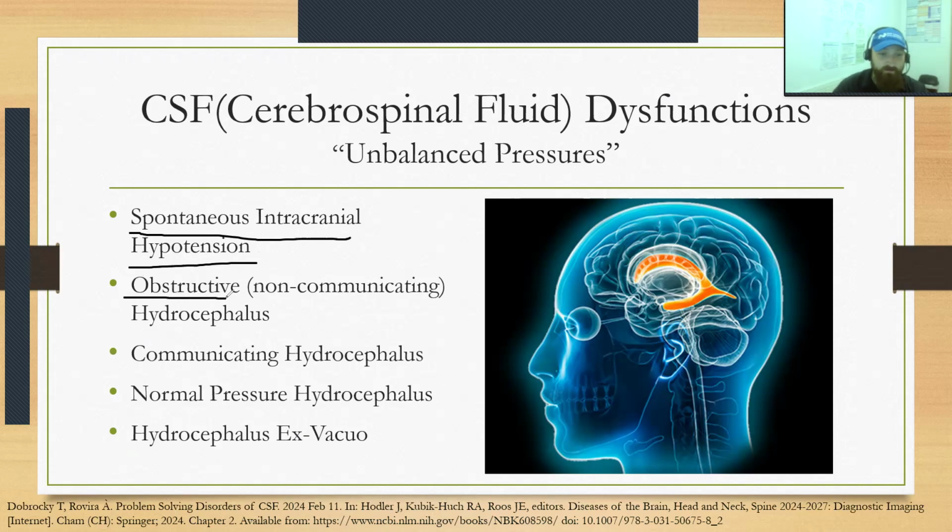We might see obstructive or non-communicating hydrocephalus. We might see communicating hydrocephalus. We might also see normal pressure hydrocephalus. And then we'll also possibly see hydrocephalus ex vacuo. And so this makes sense to talk about cerebrospinal fluid and hydrocephalus.